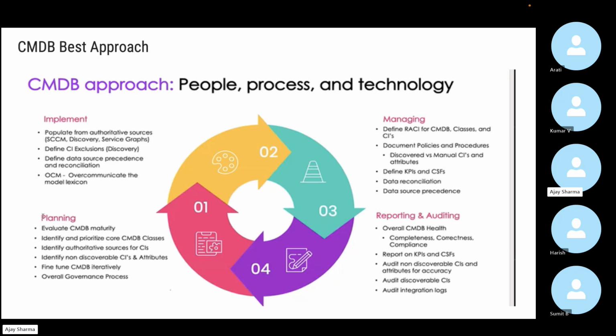And in the planning phase, one thing which I did not mention here, I just want to mention: the data model. So we have to sit with the customer and define the data model for each and every class. Now what is the data model for the CMDB?